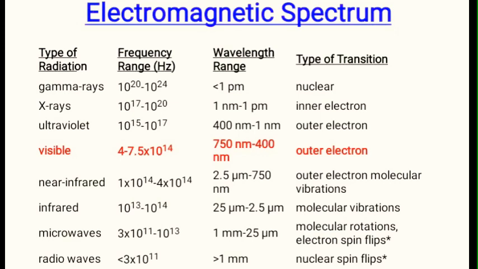And next type, microwaves, the range is 3 into 10 raised to the power 11 to 10 raised to the power 13, and the wavelength range is 1 millimeter to 25 micrometer, and the transition is molecular rotation, electron spin flips. And lastly, radio waves, less than 3 into 10 raised to the power 11, and the wavelength is more than 1 millimeter, and the transition is nuclear spin flips.